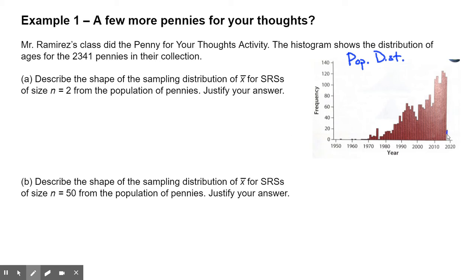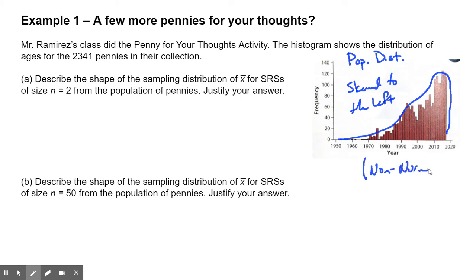If I try to create a curve, I think you can easily see that this is skewed to the left. So this is non-normal. Normal would have to be a bell-shaped, roughly symmetric curve. So this is a non-normal population.